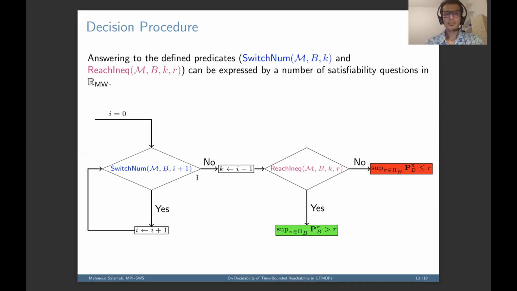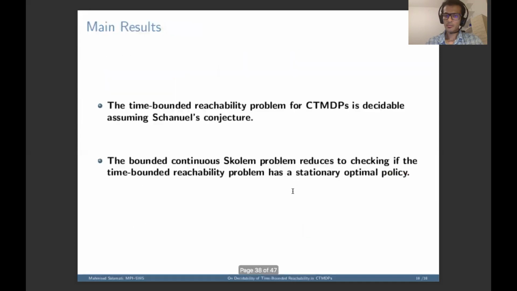And once we leave this loop, we know the maximum number of switches for the optimal policy, and we can feed it into the second predicate, and by evaluating it, we can get the answer to time-bounded reachability for CTMDP. Therefore, we proved that the time-bounded reachability problem for CTMDPs is decidable, assuming Schanuel's conjecture.